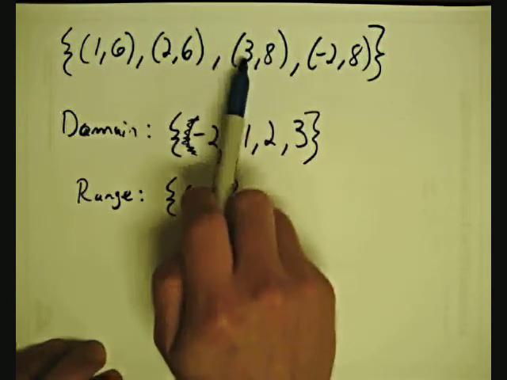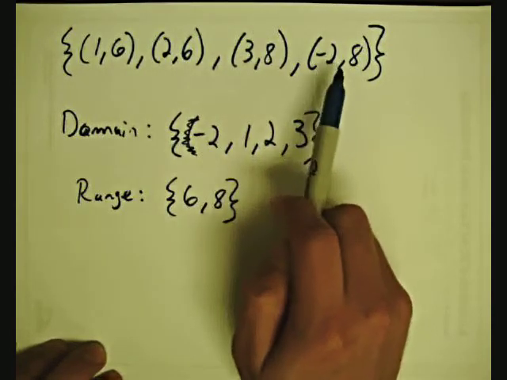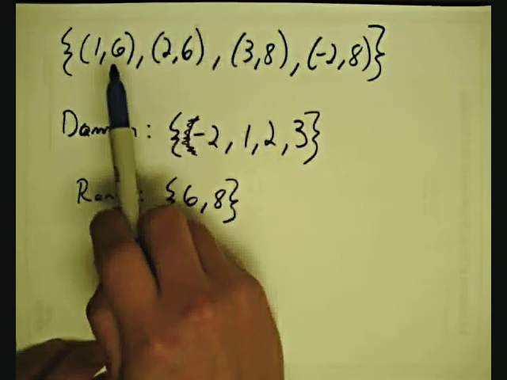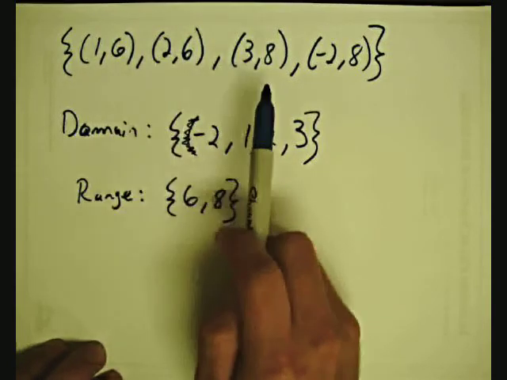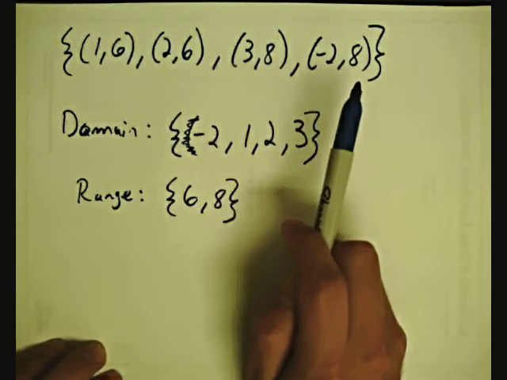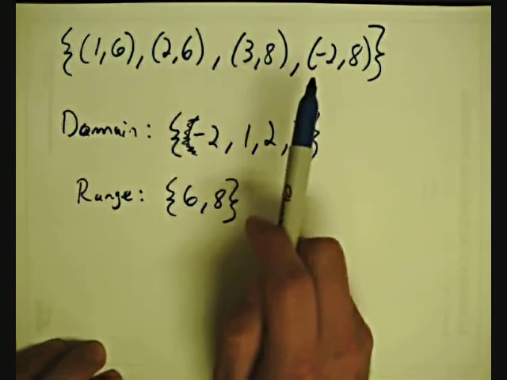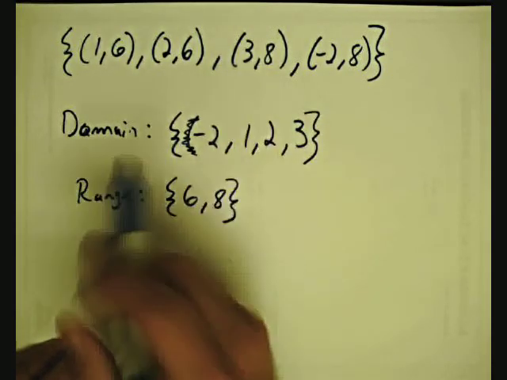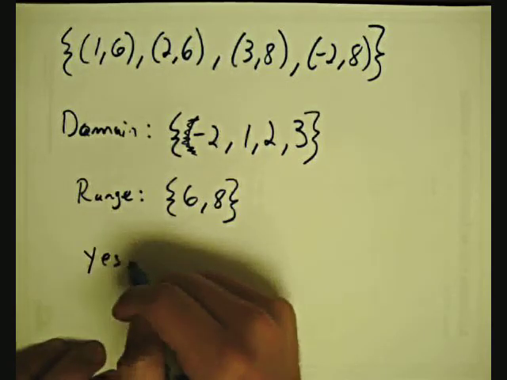Same thing for 3, and same thing for negative 2. Even though 6 repeats itself and 8 repeats itself, that's a number that's in the range. To be a function, we're only concerned with whether or not the domain repeats itself. So we'll say that yes, this is a function.